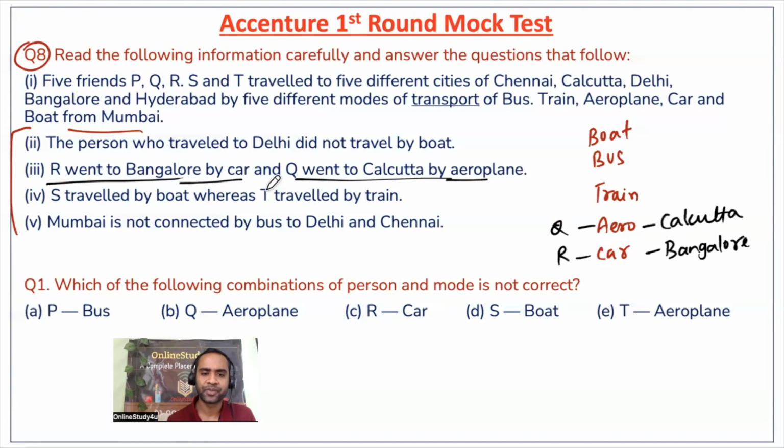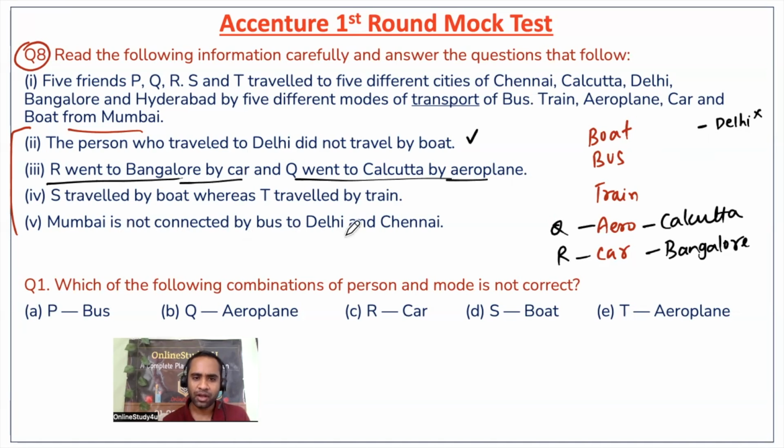Then the person who traveled to Delhi did not travel by boat, so by boat you cannot go to Delhi. That is also very clear. And Mumbai is not connected by bus to Delhi and Chennai, so from Mumbai you cannot go to Delhi and Chennai by bus. Now friends, one thing is very, very clear.